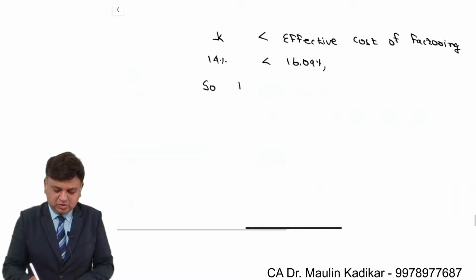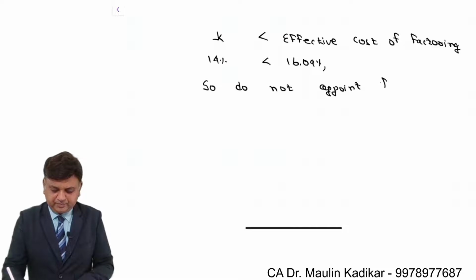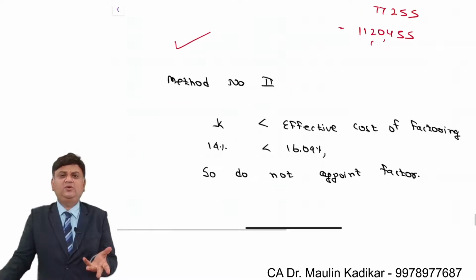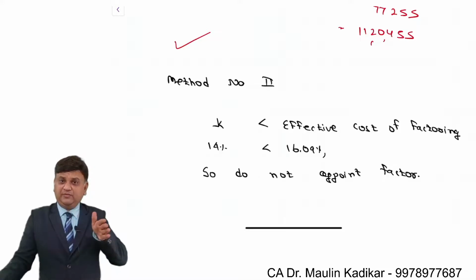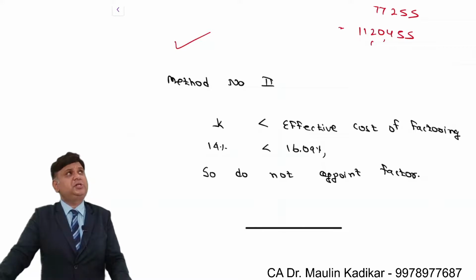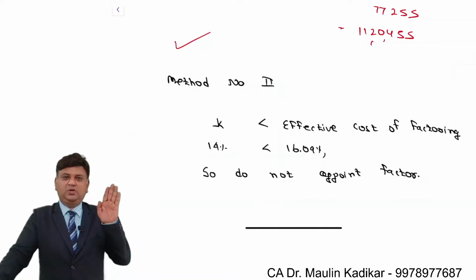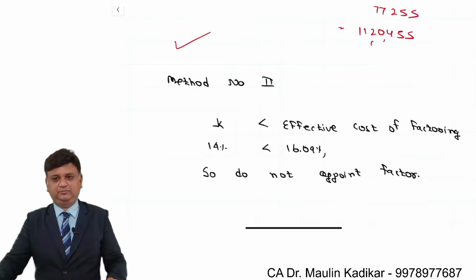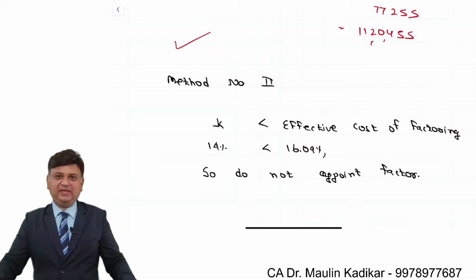So do not appoint factor. Your own cost of capital is less, so why do you want to appoint factor? Appointment of the factor is very expensive. It is going to have a cost of 16.09%, which is more than my own cost of capital 14%. So I should not appoint the factor. This is the way we can take decision.